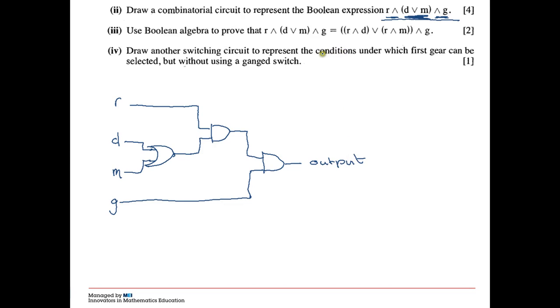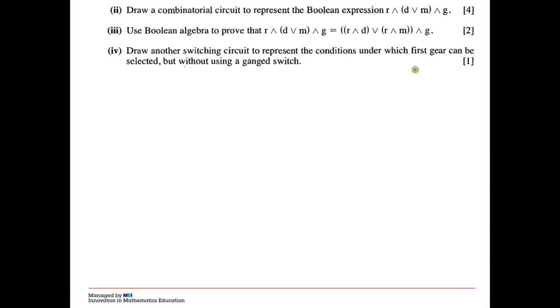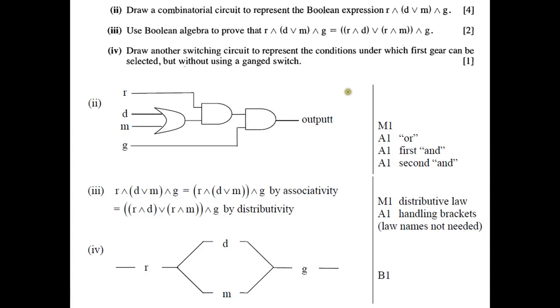The last two parts of this question were using Boolean Algebra, which we've covered something of already, and drawing another switching circuit. So if we just have a quick look at the mark scheme for this, there's our combinatorial circuit for the Boolean expression.